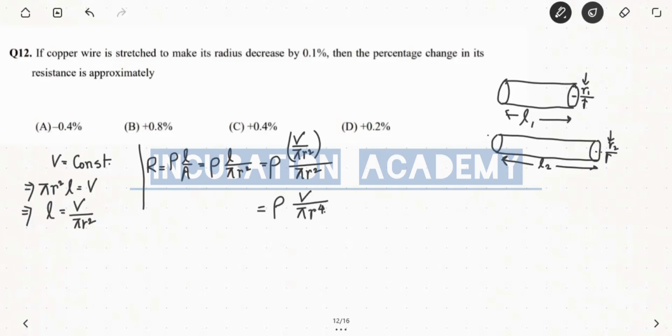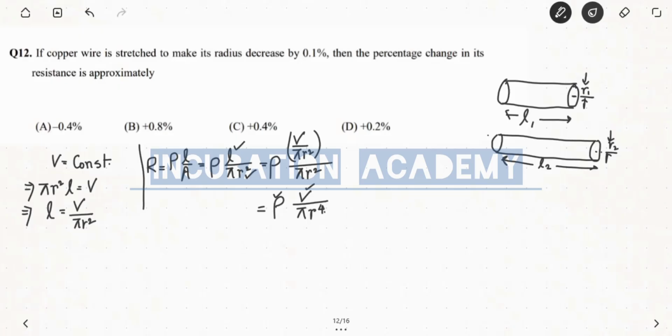Obviously you may ask why I have done this. Because in this equation L is a variable and r is a variable, so I am replacing L in terms of r, such that there will be one variable now. Rho is a constant which is not going to change if you stretch it, since the material remains the same, and the volume remains the same because there is no addition of matter.